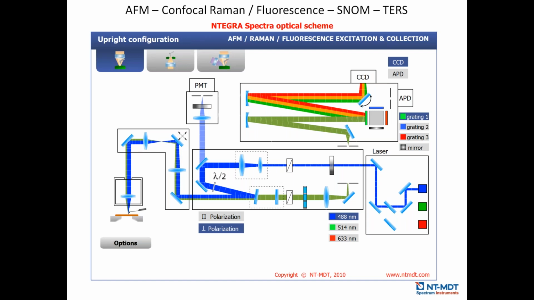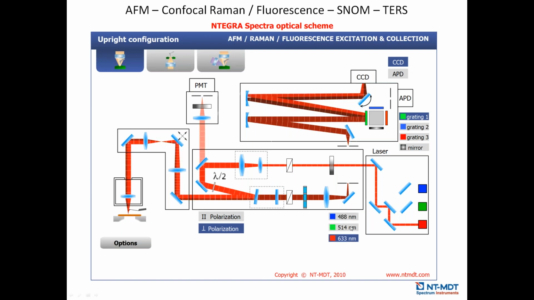Light can also be controlled in terms of polarization. There is a motorized lambda half plate which changes the angle of the linear polarization. Also there is a motorized analyzer which makes it possible to detect the Raman scattering signal at different polarization angles.